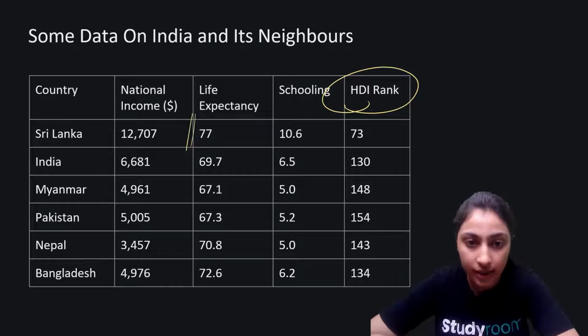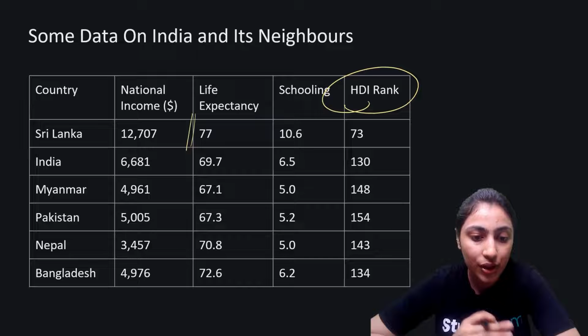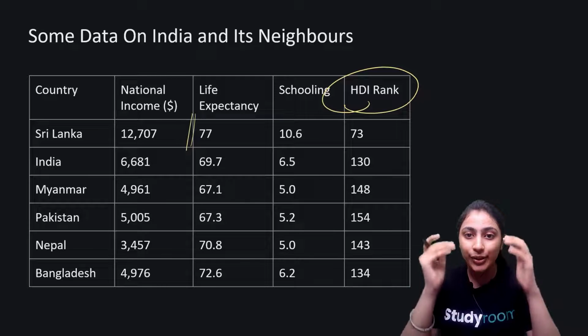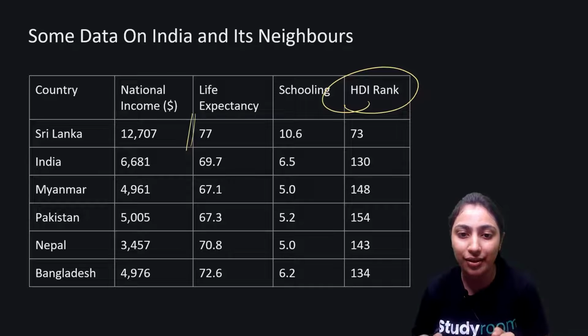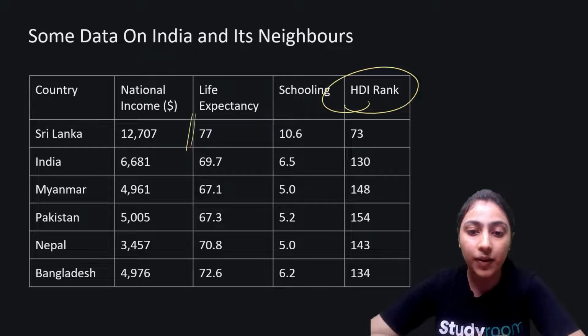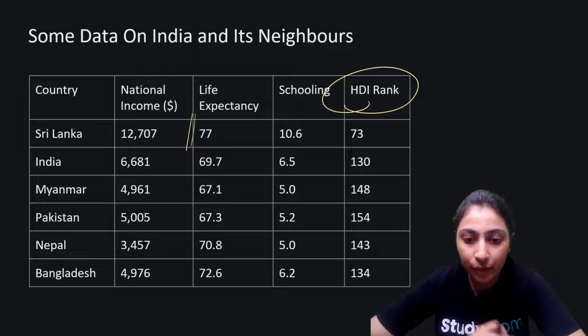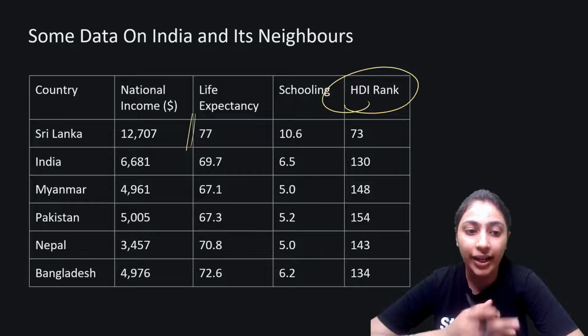Life expectancy. Sri Lanka is at 77, which is first. Second is Bangladesh. Third, Nepal. See how quickly the ranking is changing. Schooling, how many people are attending schooling? Number 1 is again Sri Lanka. Number 2 would definitely go to India. In schooling, India is on number 2.